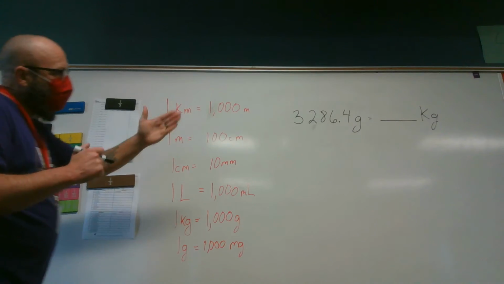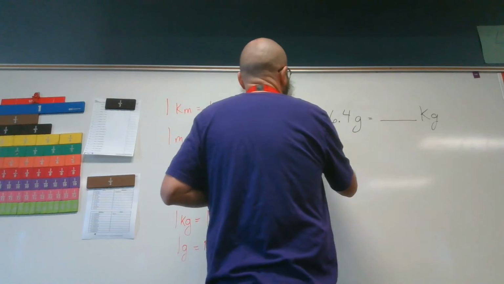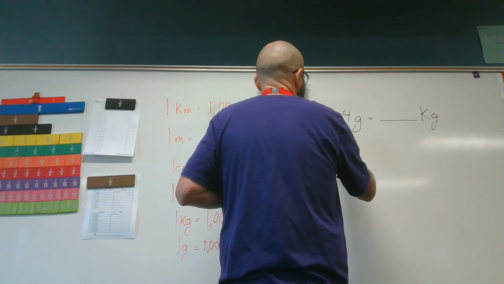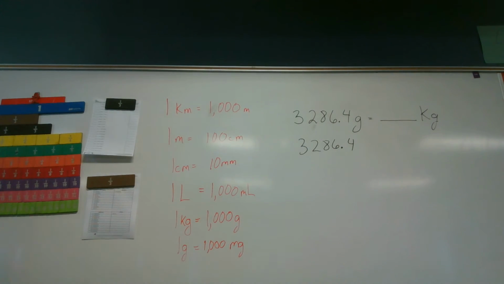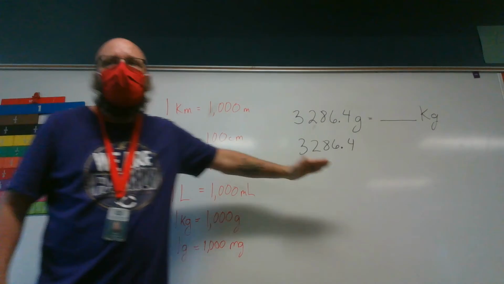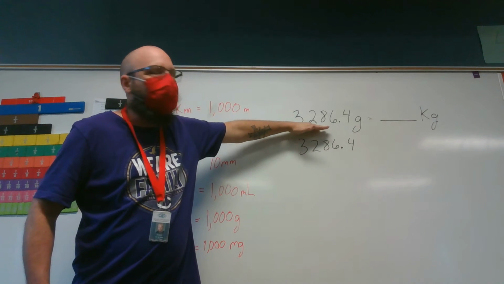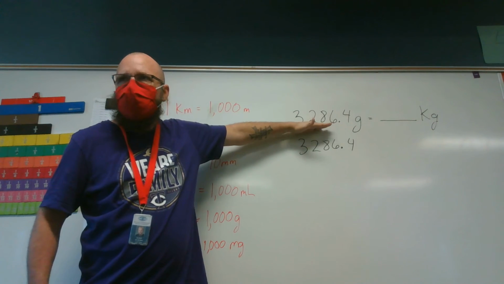So we're going to obviously start with this number, because we're always starting with the number that's given to us. It will never change. Your answer is always going to have these numbers in it.